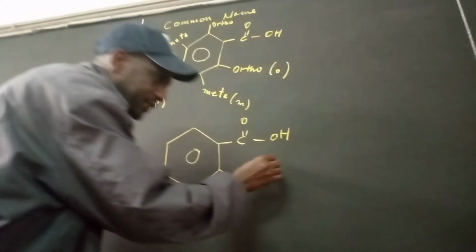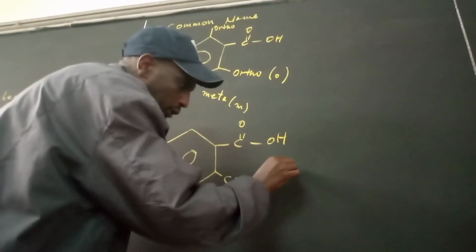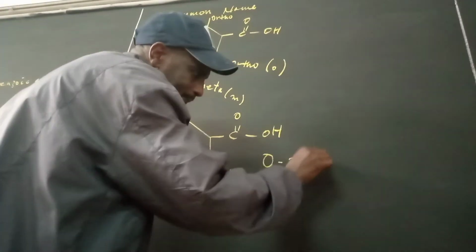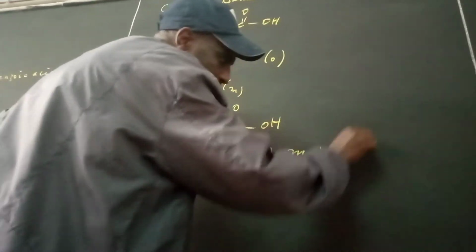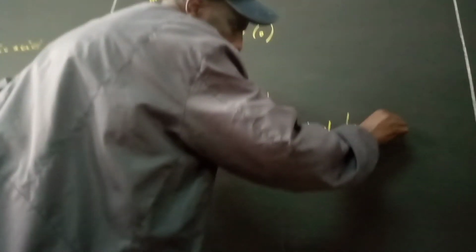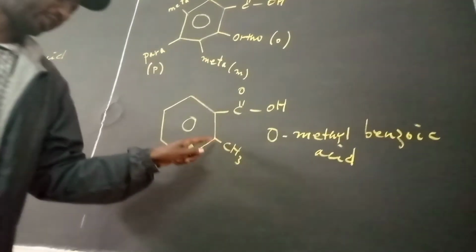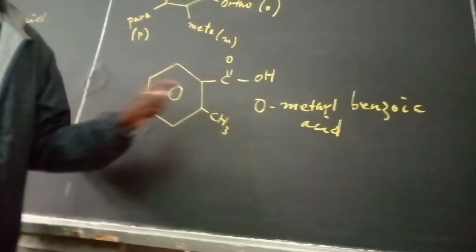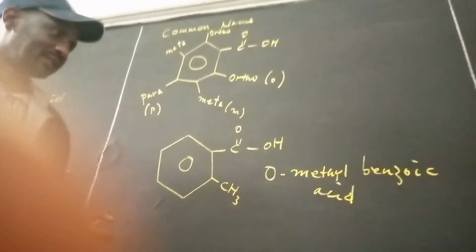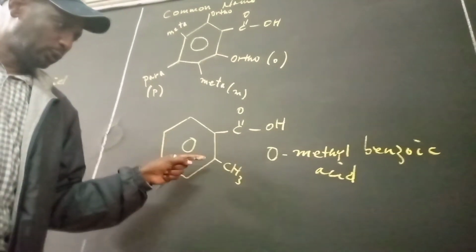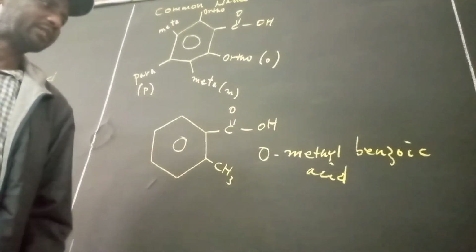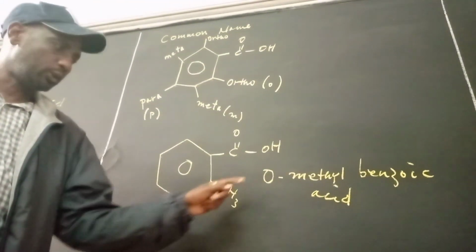Therefore, you can say ortho-methyl benzoic acid. The methyl is on the ortho position. That is, 2-methyl benzoic acid is known as ortho-methyl benzoic acid.